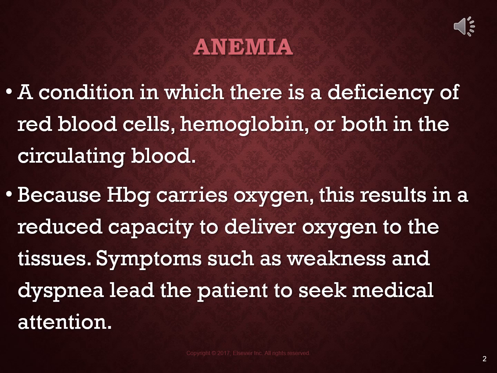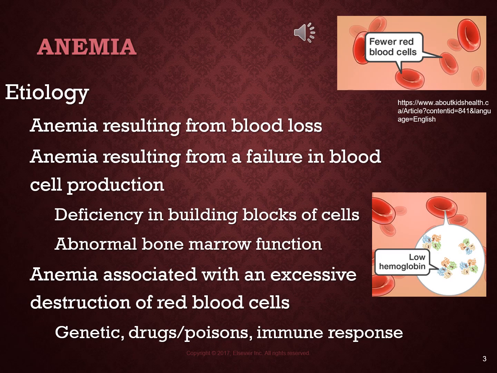There are three general classes of anemia. One is blood loss, one is impaired cell production, and one is increased cell destruction. These are the three big categories for the etiology of anemia.